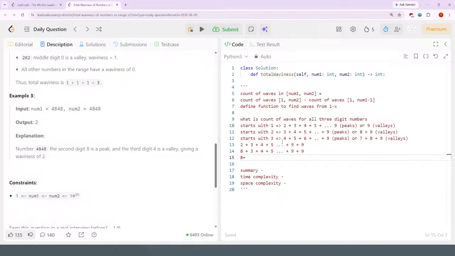So it's like 8 plus 7 plus 4, 5. So if this is x, then this is going to be x minus 2 plus 8, so that's x plus 6.